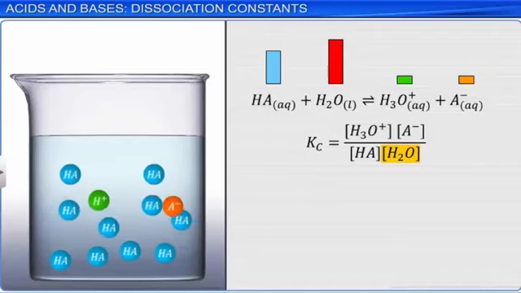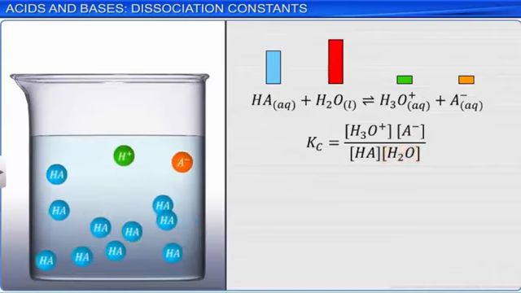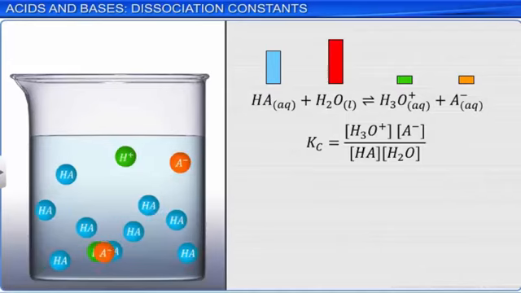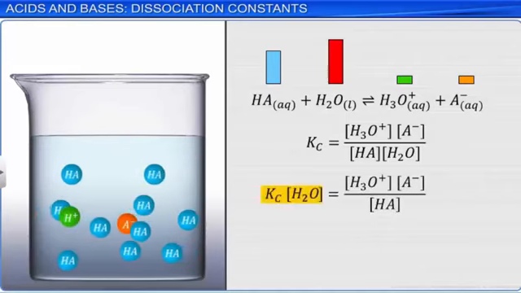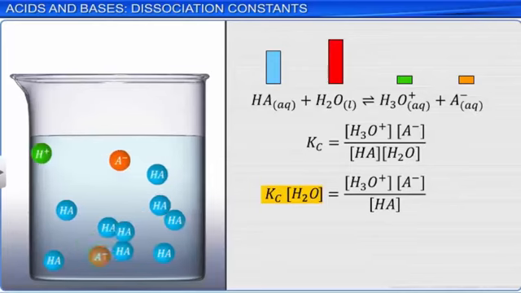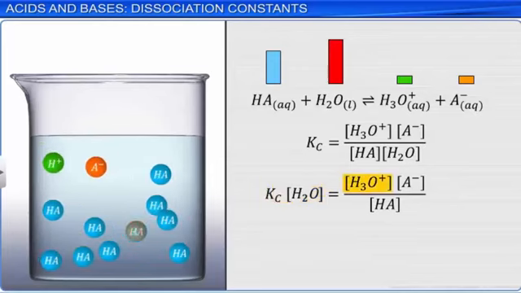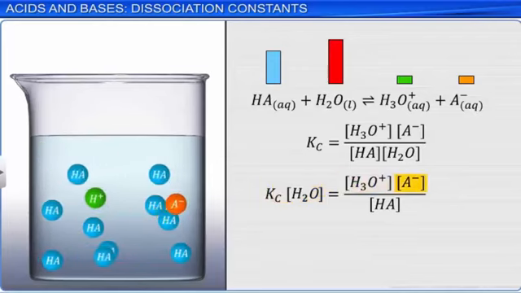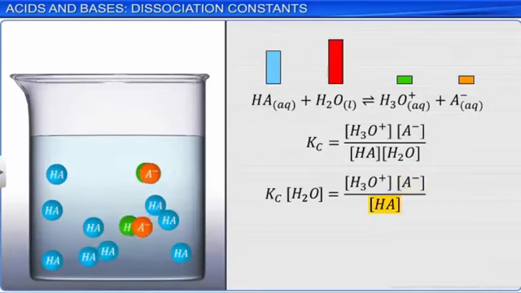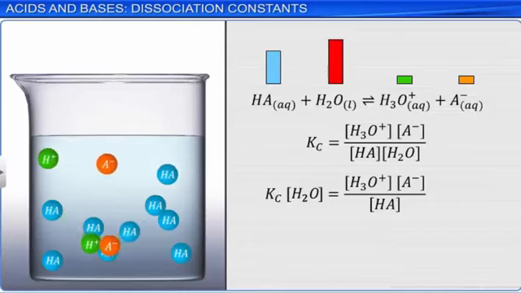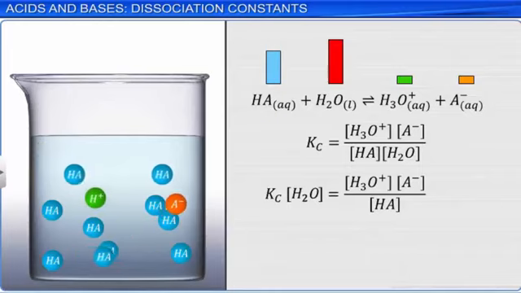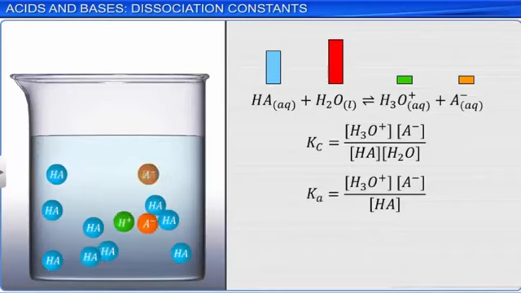Hence, it may be written as Kc into H2O is equal to the product of concentration of H3O plus and A minus ions, divided by the concentration of HA. Since Kc and concentration of water both are constants, their product is also constant, and it can be taken as Ka, that is, Ka is dissociation constant of weak acid.